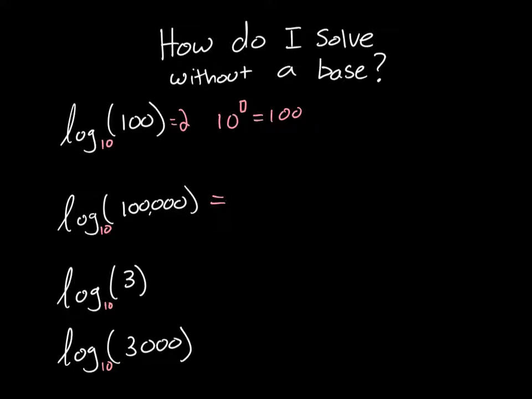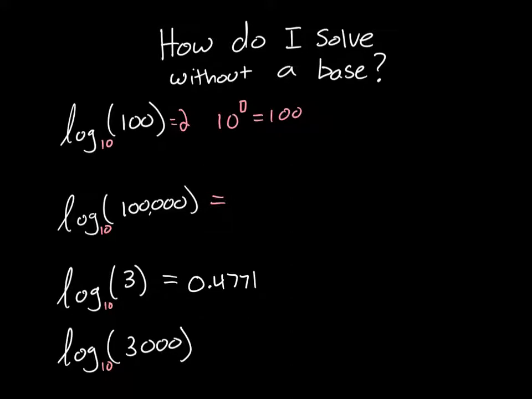Now, we don't really have a tool for doing log base 10 of 3 in our heads. We just don't know, so we're going to have to use a calculator for this. Log base 10 of 3, or just log of 3, ends up being the decimal 0.4771. I always go out at least 3 decimal places. In this case, I went out 4.